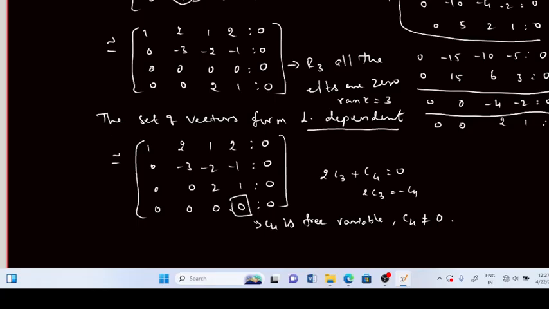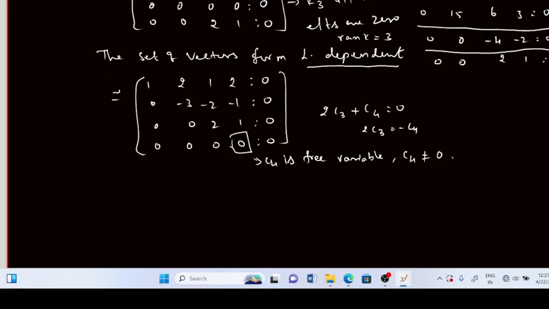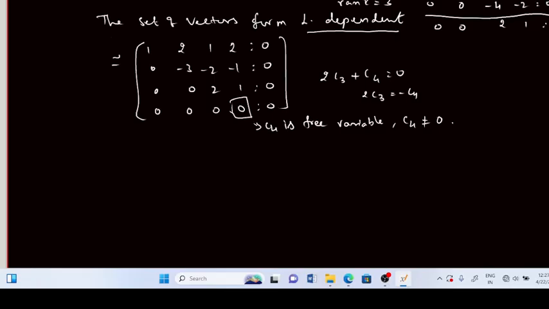Now we must find out the linearly independent subset. We check how many rows are not equal to 0. Here 3 rows have some elements which are not equal to 0.